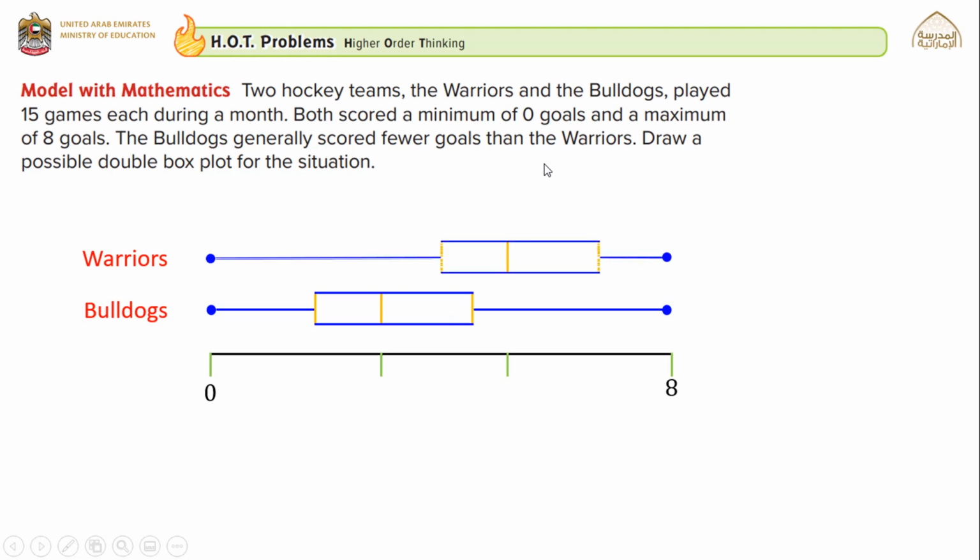We can see that the median for the Bulldogs is smaller than the median for the Warriors. That's because, in general, the Bulldogs scored fewer goals than the Warriors. So these are possible double box plots.